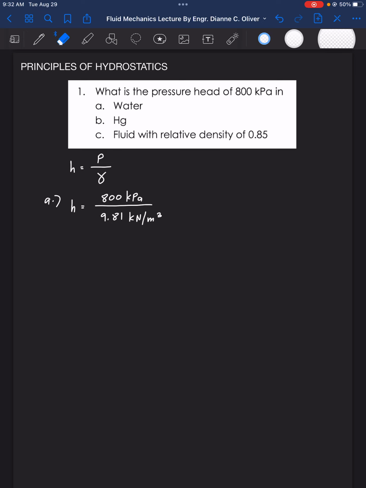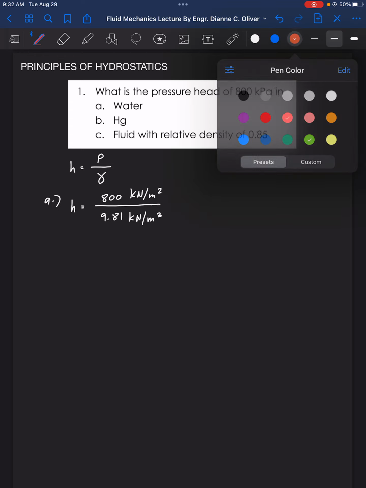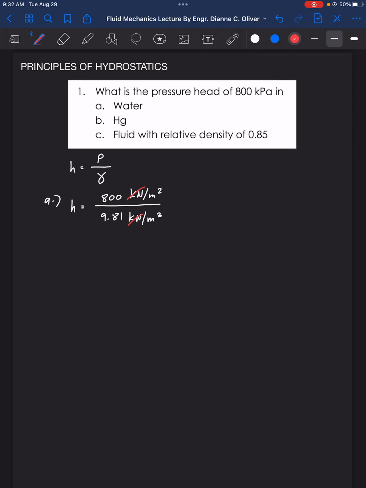Now let's put here kilonewton per meter squared for the kilopascal. If you notice, we will cancel out the kilonewton and the meter squared, and what we're left with is 1 meter. Therefore, the unit here is consistent.